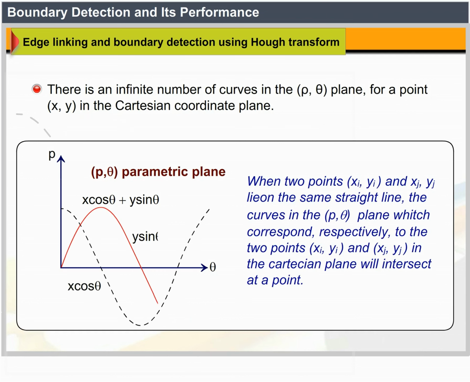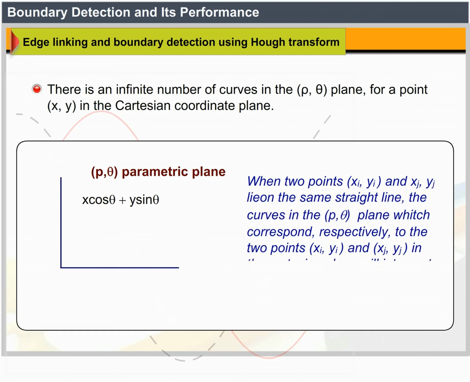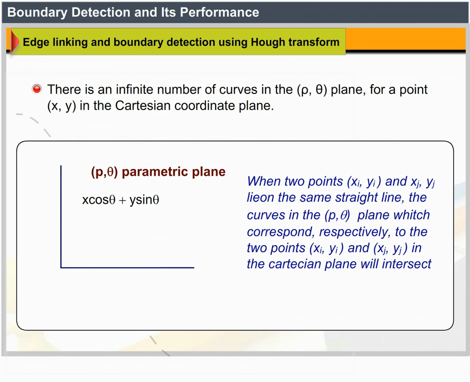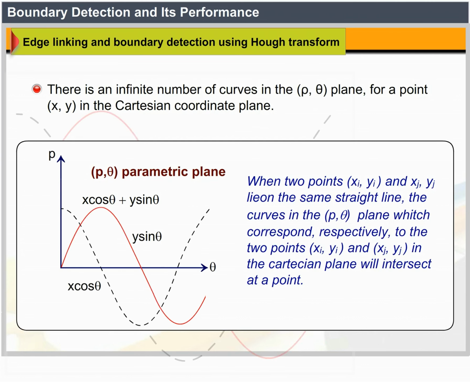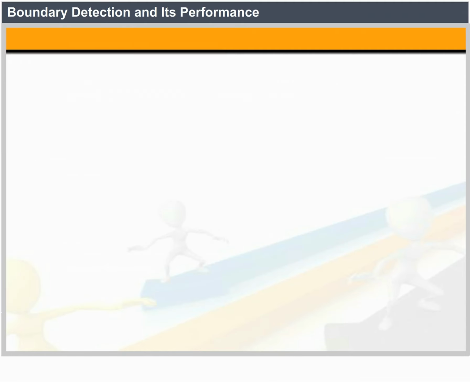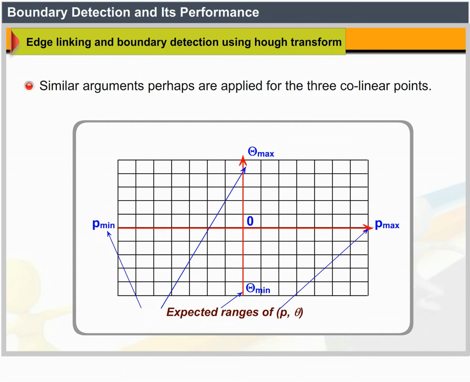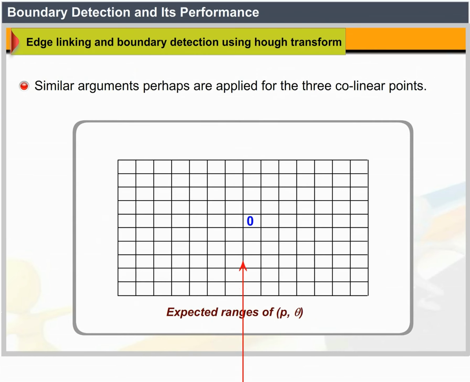When 2 points (x_i, y_i) and (x_j, y_j) lie on the same straight line, the curves in the rho theta plane, which correspond respectively to the 2 points in the Cartesian plane, will intersect at a point. This intersection point determines the parameter of the line that joins these 2 points. Similar arguments apply for the 3 collinear points.